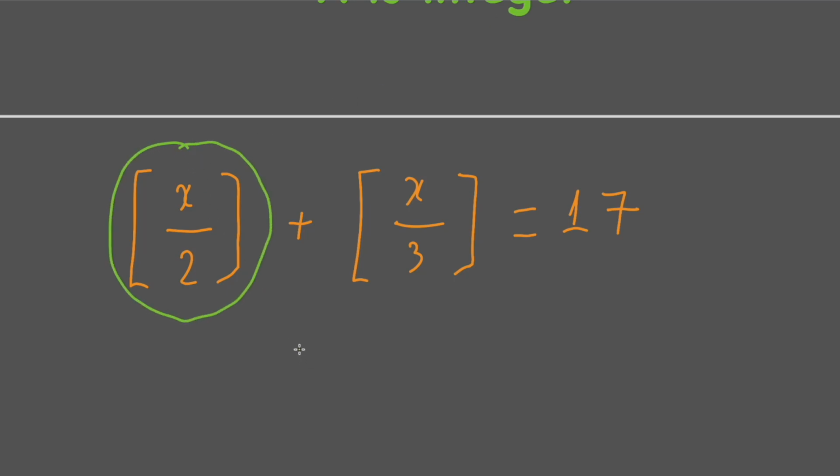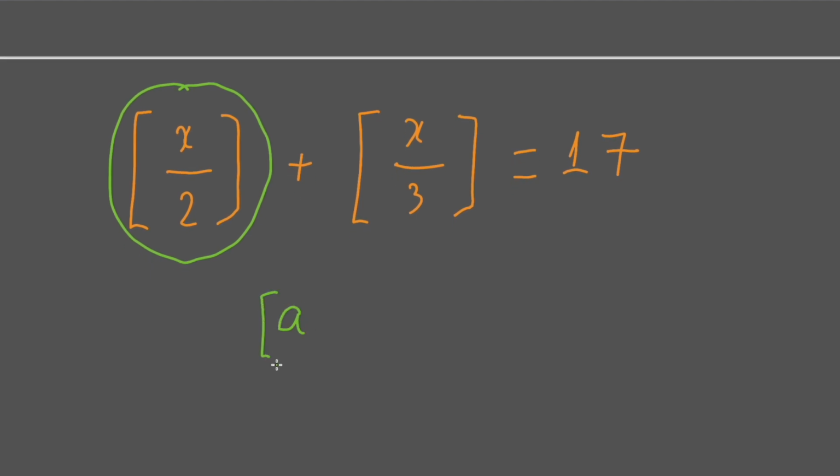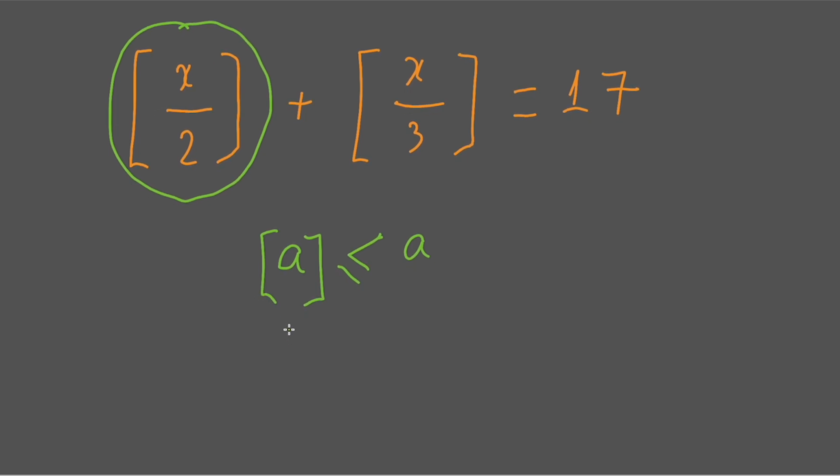This is the floor function, which takes a number to the integer value below it. And the property of this is: a minus floor of a is smaller than 1 and greater or equal to 0.